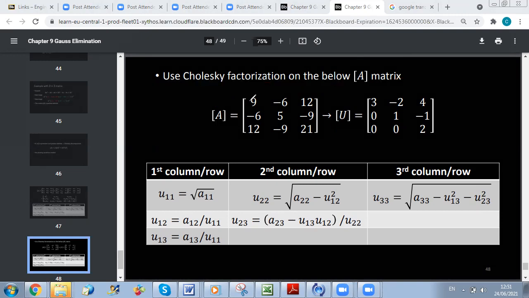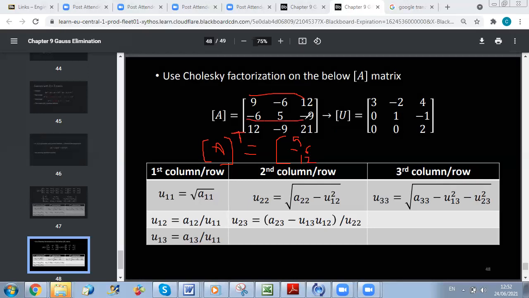The first thing to do is to make sure that it's symmetric. You can simply verify that it's symmetric, because if you take the diagonal, your elements are symmetrical with respect to the diagonal. The second way to verify symmetry: it's a square matrix, 3 by 3, and if you calculate the transpose of A, it will be equal to A. The transpose of A is 9, minus 6, 12.